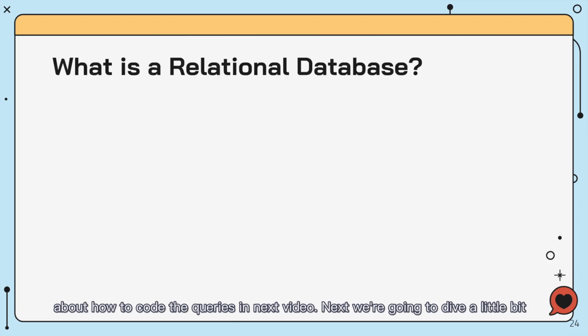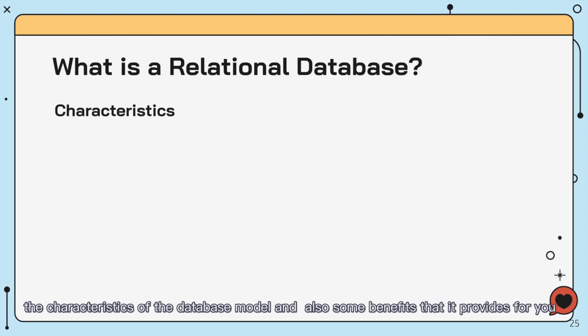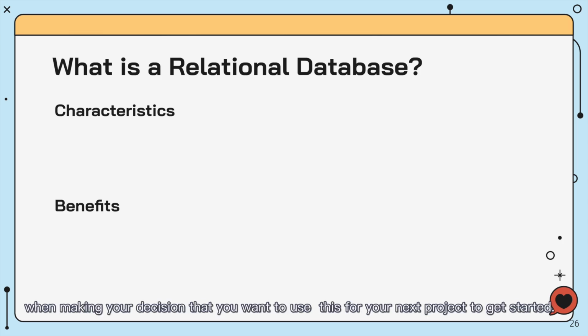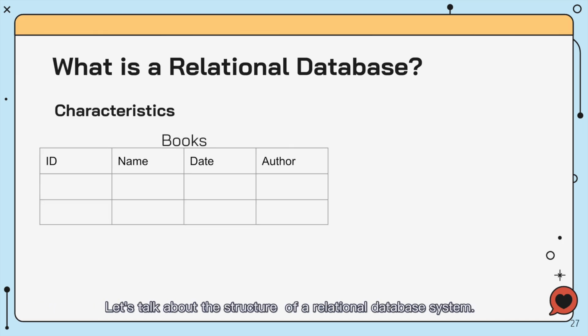Next, we are going to dive a little bit into relational database. I'm going to get into some of the characteristics of the database model and also some benefits that it provides for you when making your decision that you want to use this for your next project to get started. Let's talk about the structure of the relational database system.